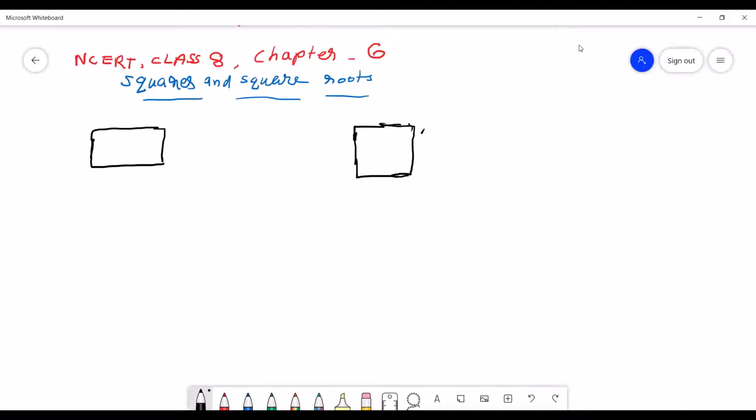So a rectangle will have, suppose this is 3 and this is 2, that is the dimension. And here all the sides are 2. In the first case, the area is 2 multiplied by 3.